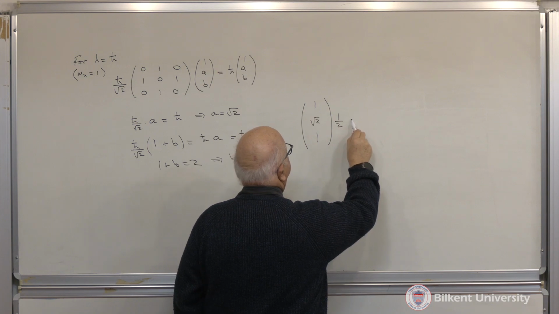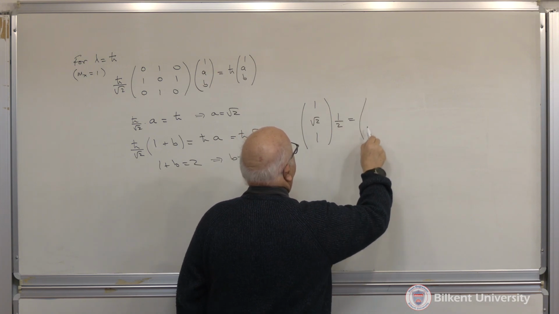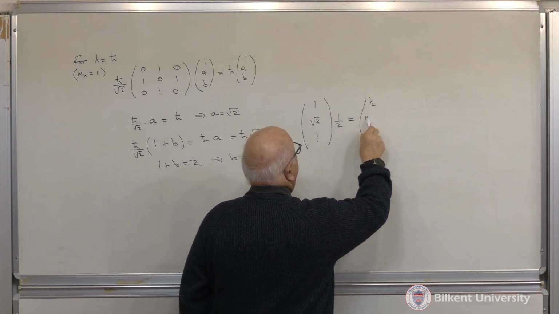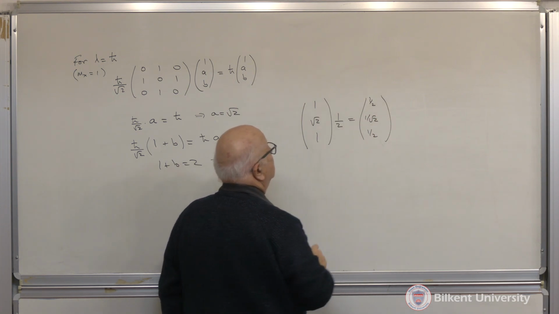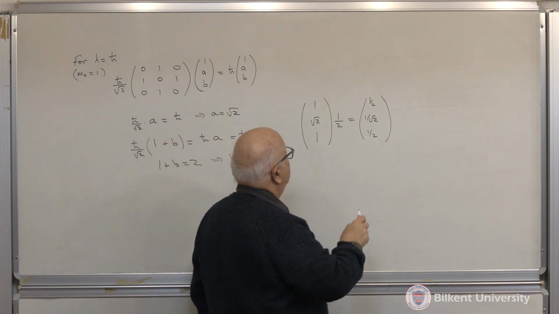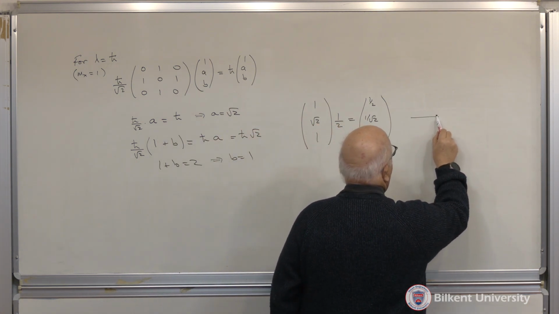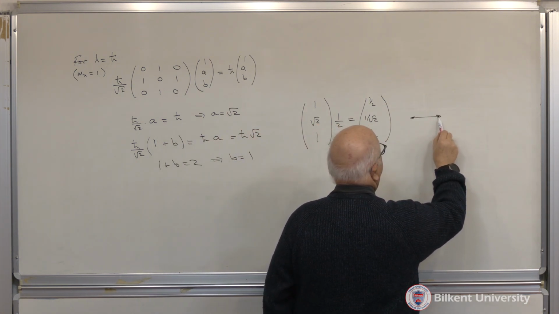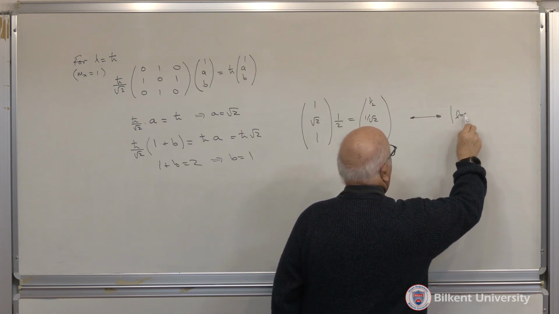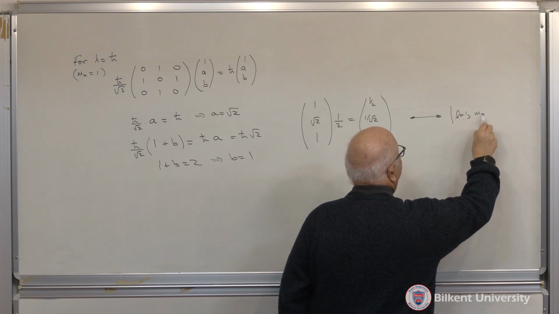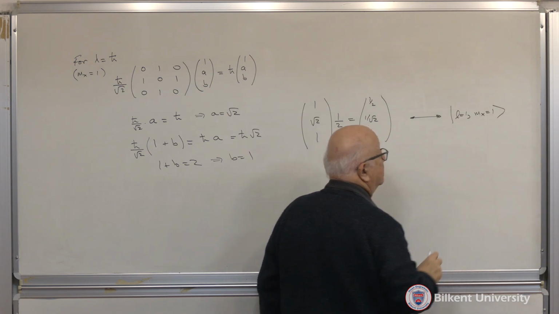So let me write this as 1 over 2, 1 over square root of 2, 1 over 2. So this is my normalized eigenvector associated with the eigenvalue lambda equals h bar. So this is L equal to 1, mx equals 1.